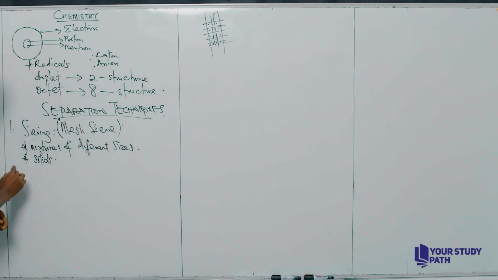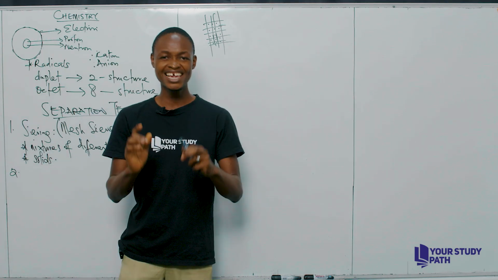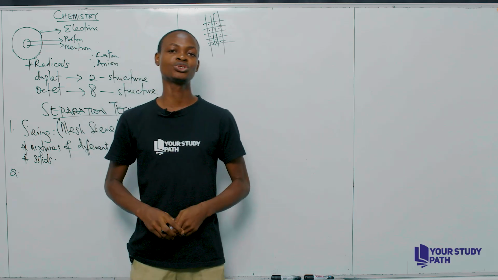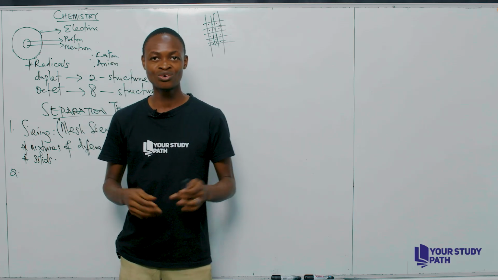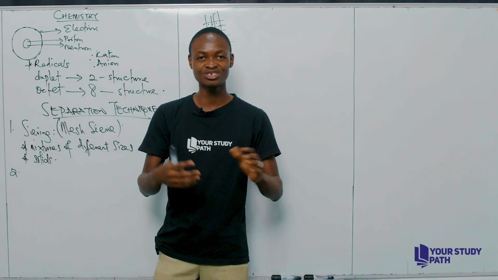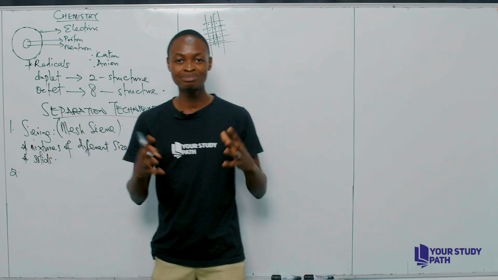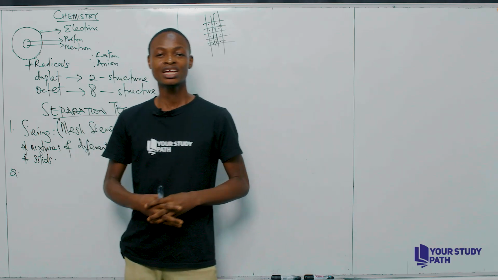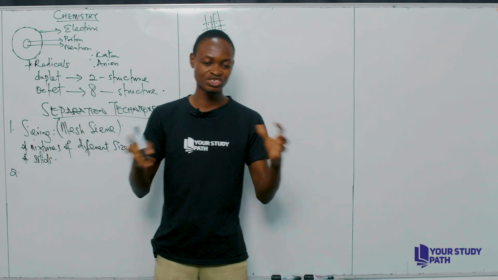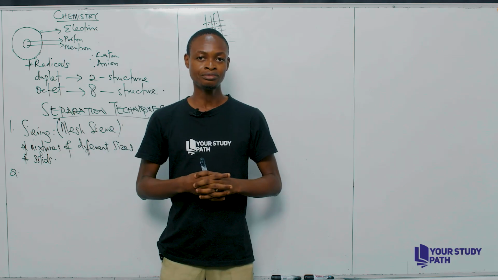Second example we are going to be talking about, or the second separation technique we are going to be talking about, is the filtration technique. Now, for the filtration technique, of course, we have looked at the technique where we are mixing predominantly solids. Let's look at what happens when we have two different states mixed together.